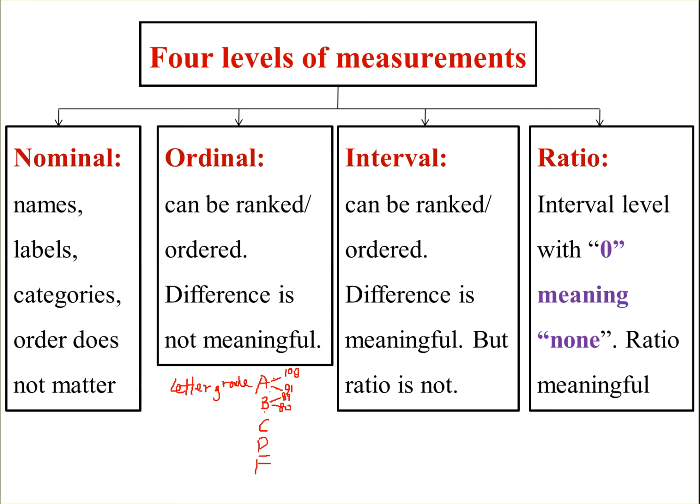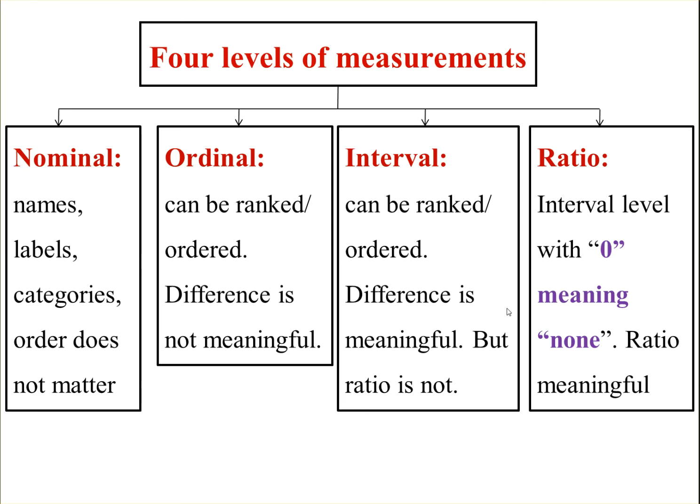So the difference between these 2, you just don't know. Some 2 people may have a pretty big gap. Some couple people may be so tiny. But certainly you know A is greater than B, B is greater than C, and so on and so forth. So these are the variables that can be ranked.